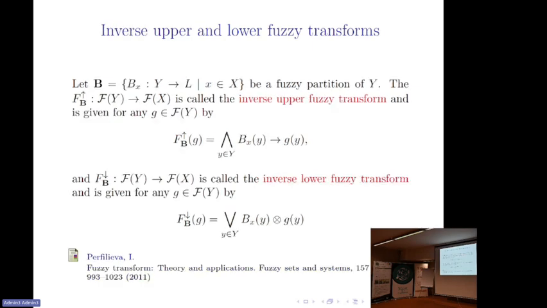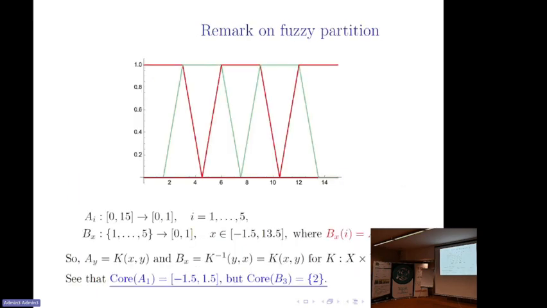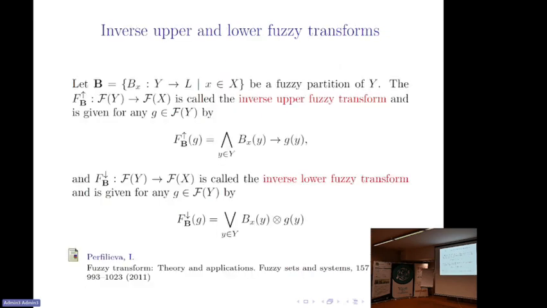Further, we have the inverse lattice fuzzy transform, and it can be defined in two ways, again upper and lower. You can see almost the same formulas. What is important here is that this definition is based on some fuzzy partition.